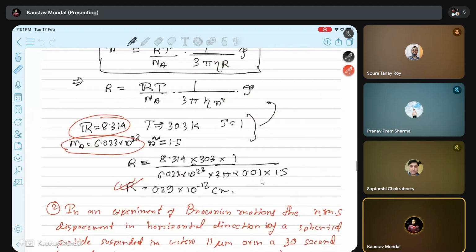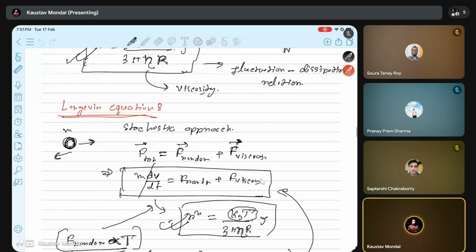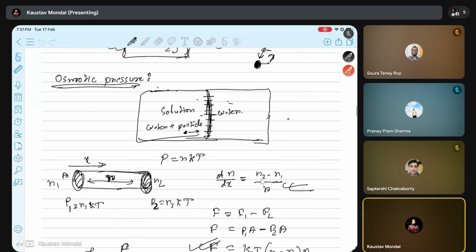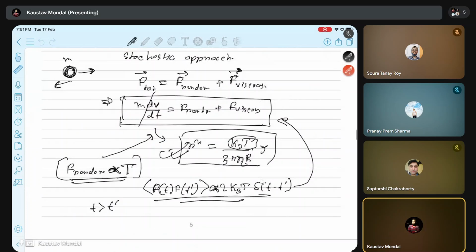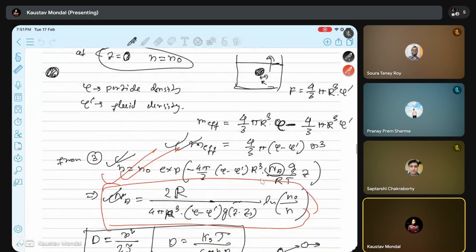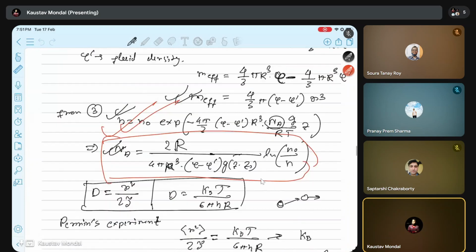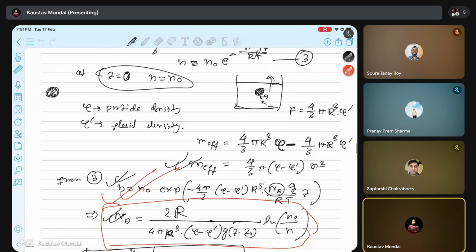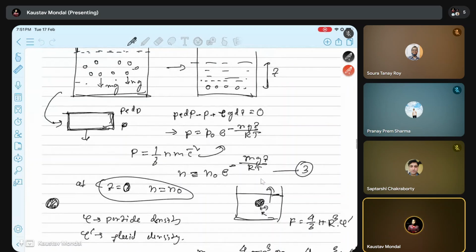How is the pressure related? Yeah, this one. This is the expression. Now we have to use this expression in that problem.